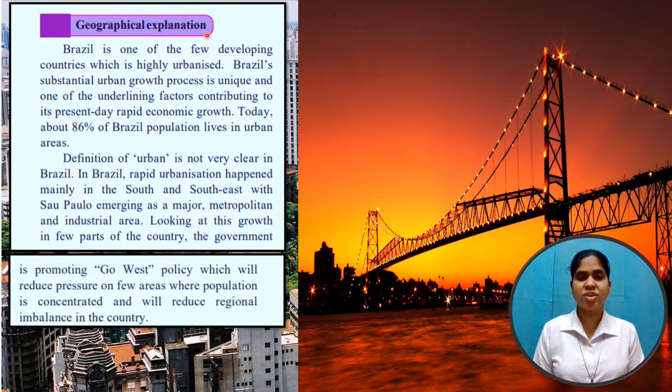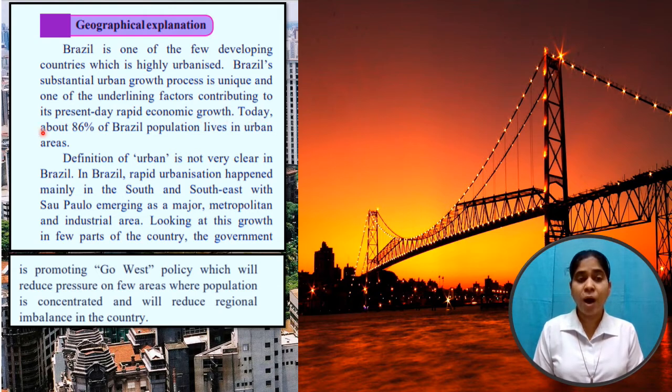Geographical explanation. Brazil is one of the few developing countries which is highly urbanized. Brazil's substantial urban growth process is unique and one of the underlying factors contributing to its present-day rapid economic growth.